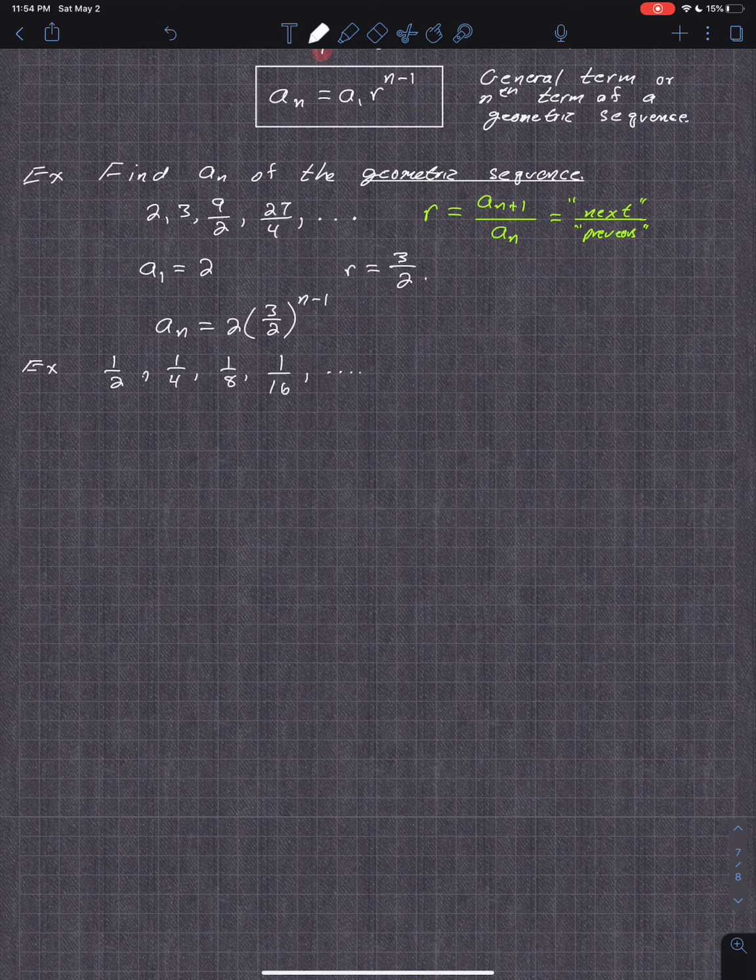Pause it, give you a moment. All right, so r, you can see, is just 1/4 divided by 1/2, which is 1/4 times 2 over 1, so that's just 1/2. So r is 1/2. First term is 1/2. Okay, so that tells you kind of a lot.